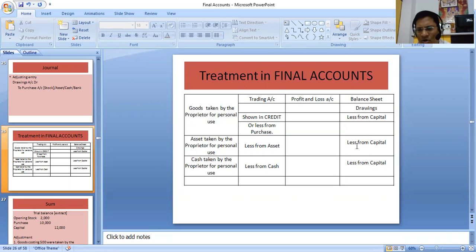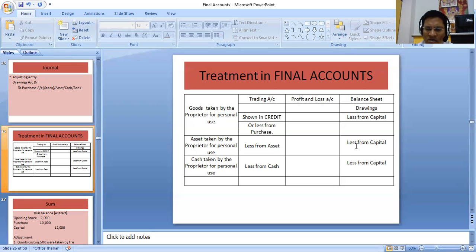So debit is equal to credit. Any type of adjustment you take, you will always see that debit will be equal to credit. If debit is increasing, credit will increase. If debit is reducing, credit is reducing. If there is no effect in debit, then there will be credit increase and credit decrease.